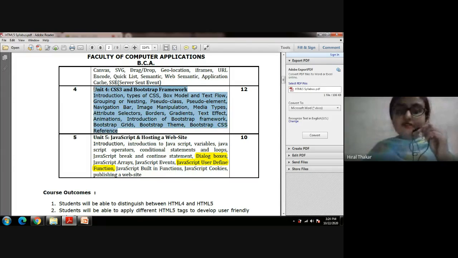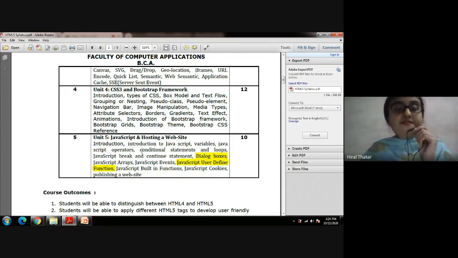And in unit number 5, we will be learning to provide functionality to your website. To provide different functionalities, we will have some functions, some coding facility that we will use through JavaScript. It is a scripting language. What is the meaning of scripting language?